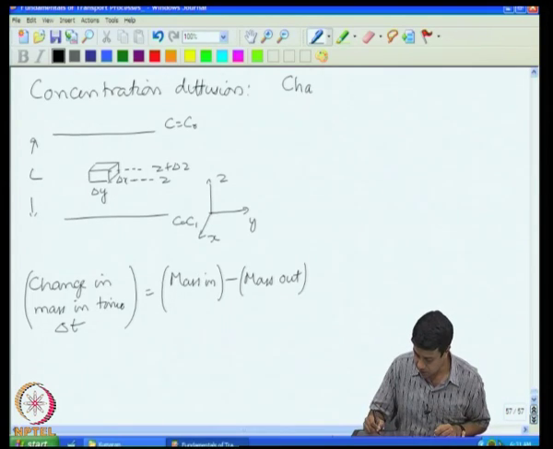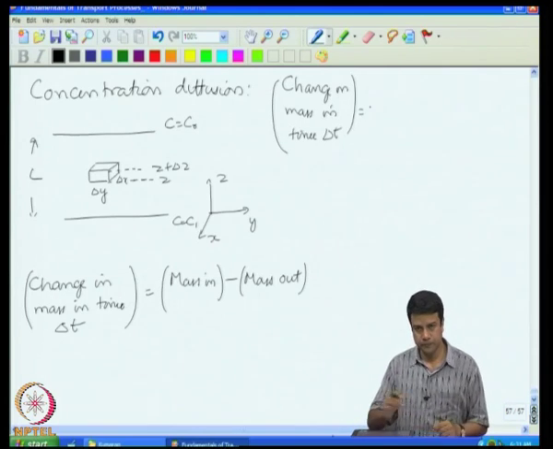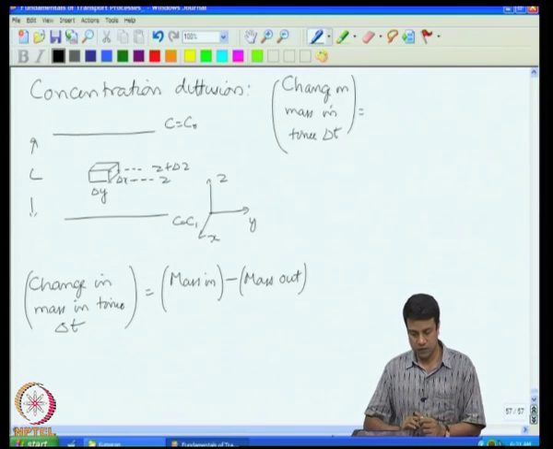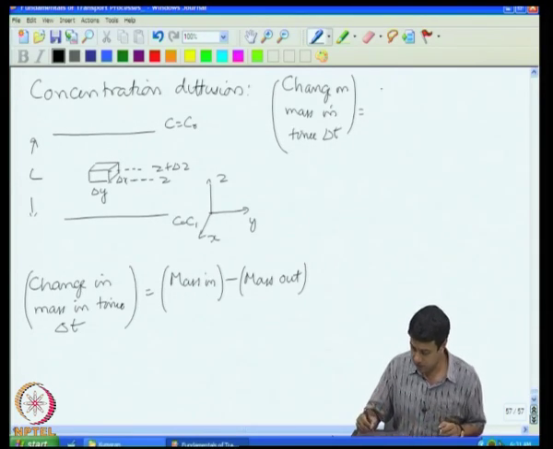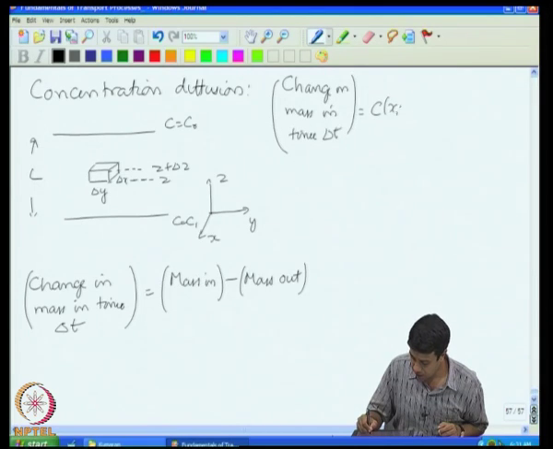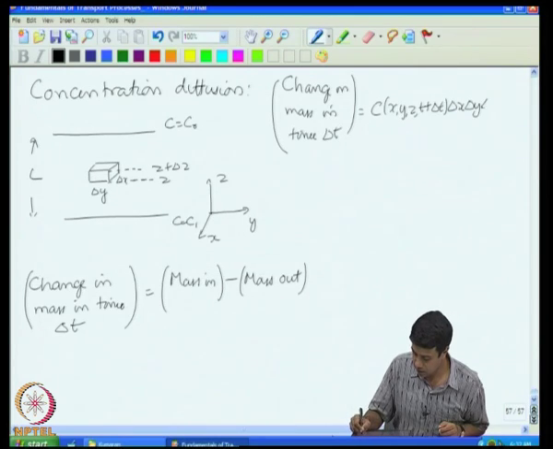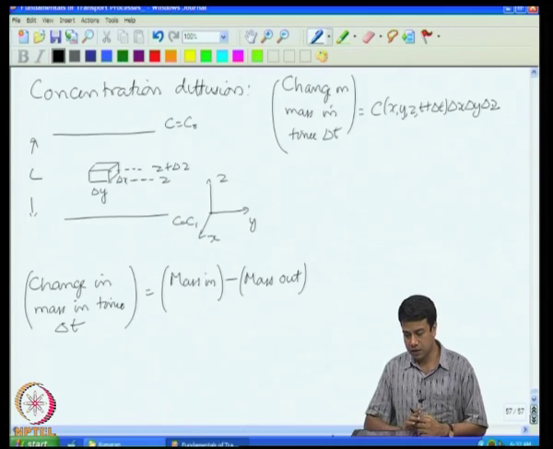Change in mass in time delta t. The mass within this volume is going to be equal to the concentration times the volume. So, the mass at time t plus delta t is going to be equal to the concentration at x, y, z, t plus delta t times the volume. The volume is delta x, delta y, delta z. That is the mass at time t plus delta t.